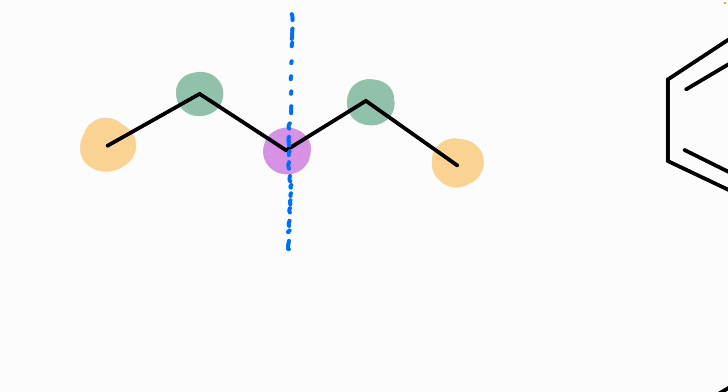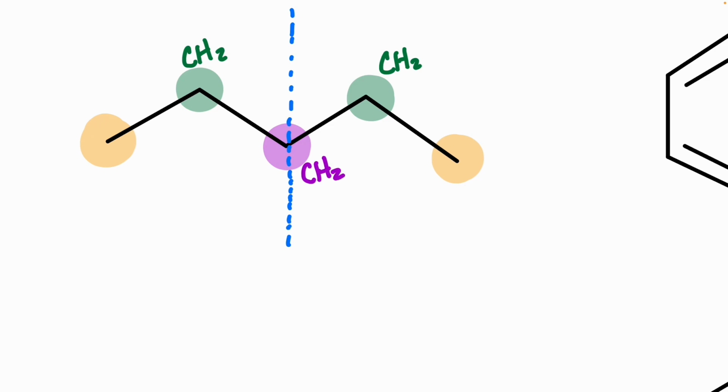Okay? Now, this is an important distinction to keep in mind with regard to chemically distinct. Notice that both the green group are CH2s and the purple group is a CH2. Right? That alone is not enough to make you chemically distinct.